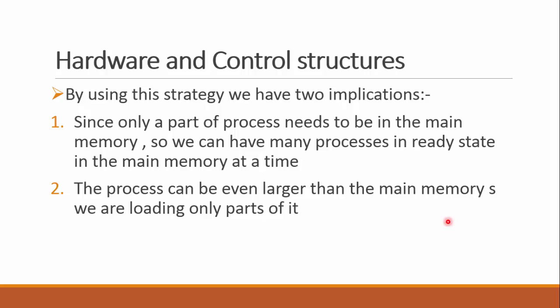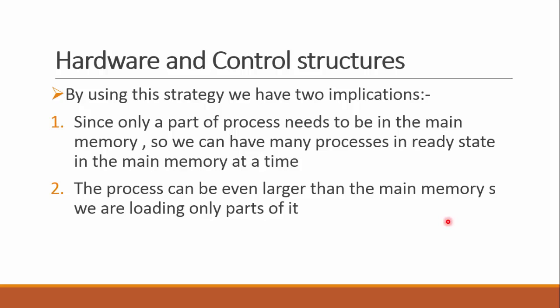Many of them can be in the ready state, which is good, as maximum utilization of the CPU power will be done. By keeping only some part of each process in the memory, we can keep many processes so that we can find a ready process at any time to execute.